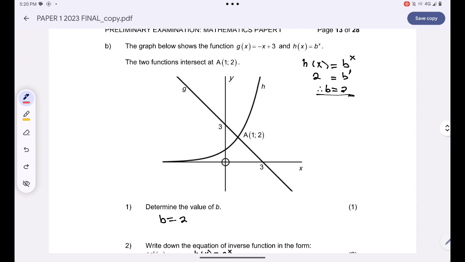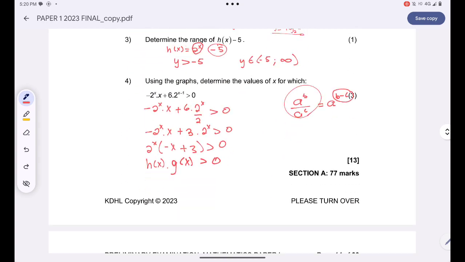So I'm just looking for the values of x whereby both of my graphs are above the x-axis at the same time. From this point over here, when x is less than 3, from 3 to the left, I can see that both of my graphs will be above the x-axis.